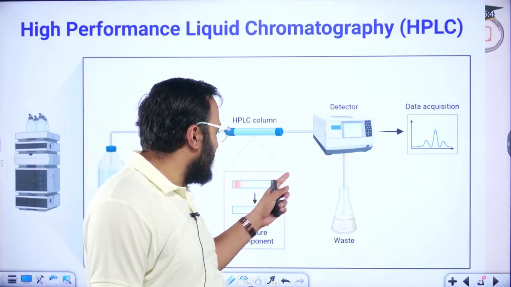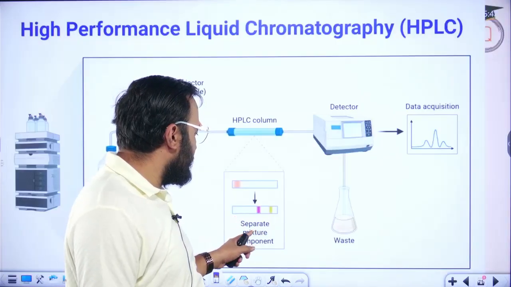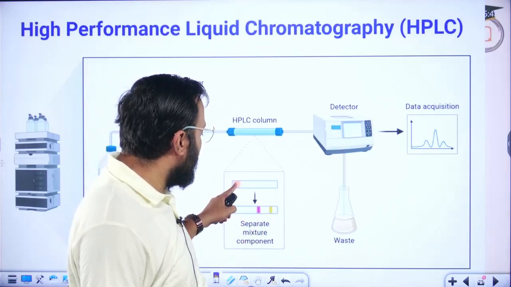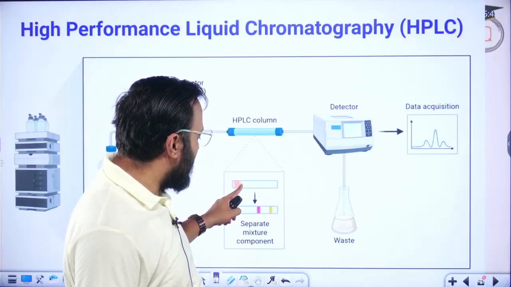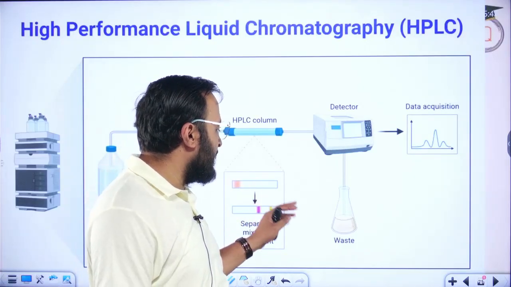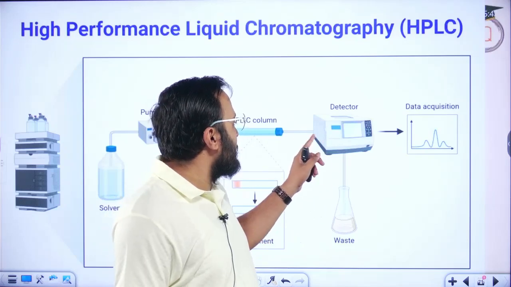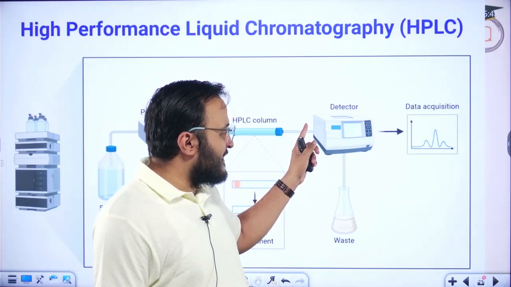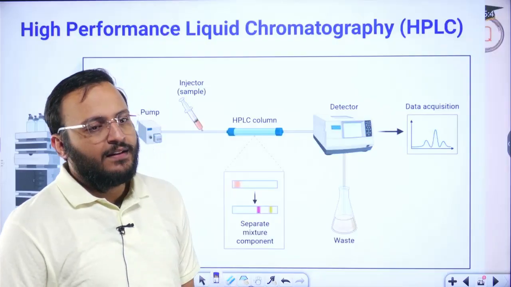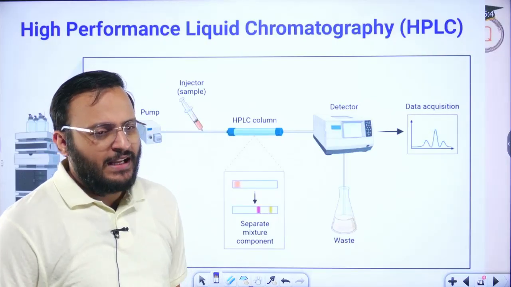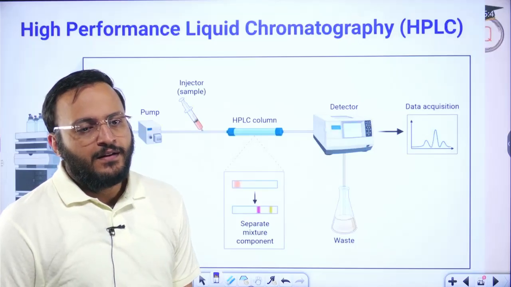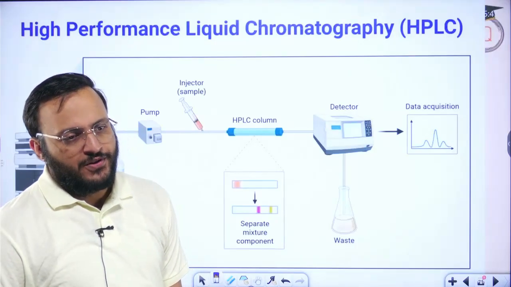This chromatographic cylinder actually separates the different components of the mixture. You can see one color that starts separating out, then you have one color, two colors properly separated, and after that, whatever waste is excessive, that is collected subsequently. So this is a more electronic and more mechanized version.